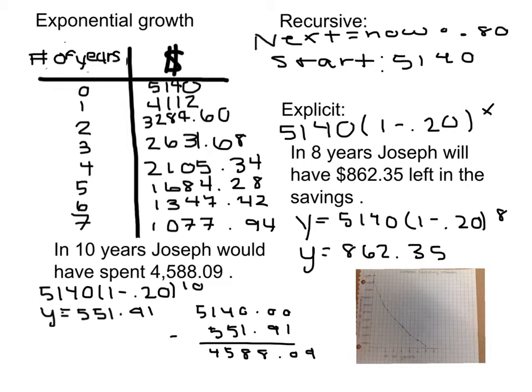Joseph puts the money in a bank and he puts $5,140. He spends 20% of the money each year.